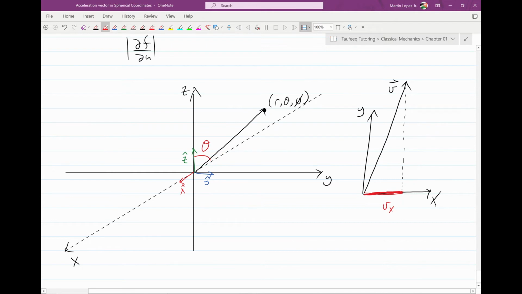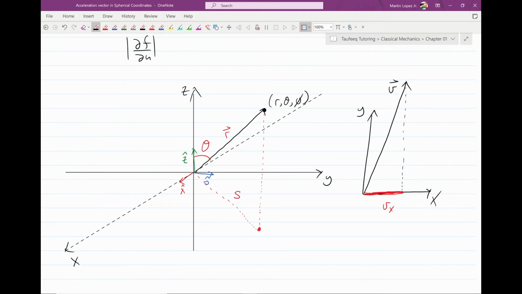Now we can clearly see that the projection is not the same length as the original vector. So when we project this vector onto 2D space, we should not expect that the length of the projection in the 2D plane is going to be the same as the length of the vector r. So I'm going to call this s.